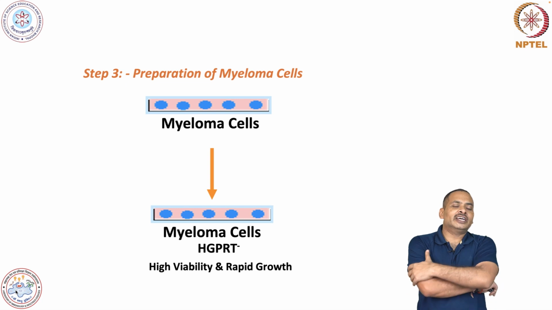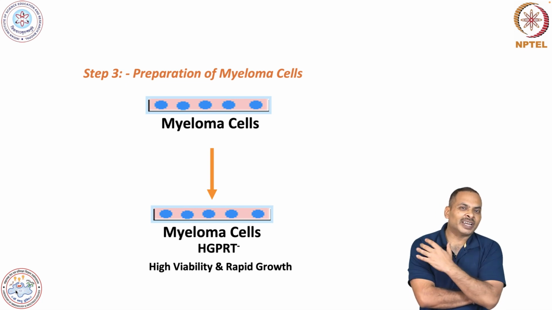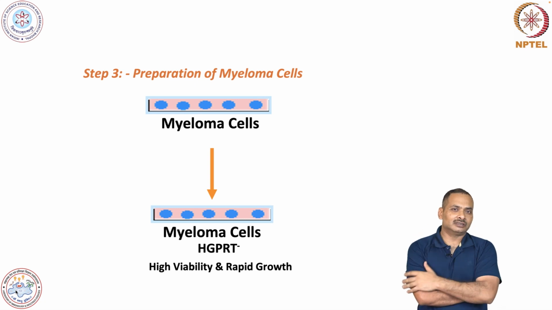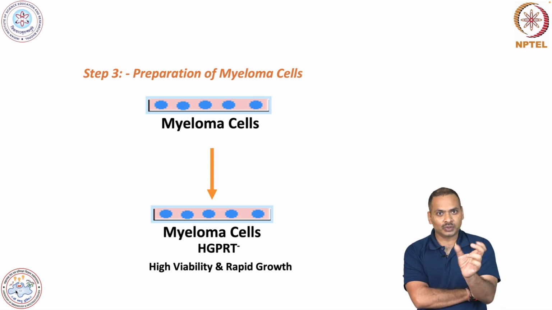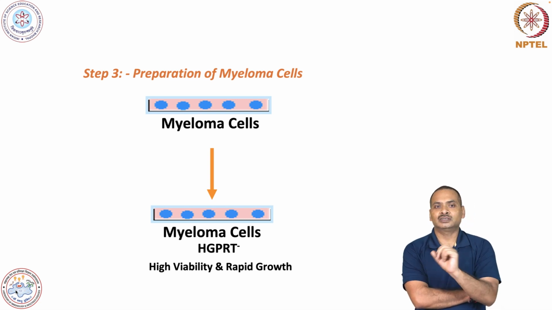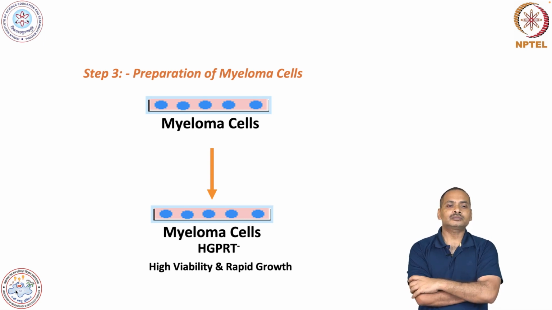Now here I will explain the molecular mechanism for screening. Okay, how you will separate out all those cells which are fused, the spleen cell which is fused with myeloma cell. Okay.